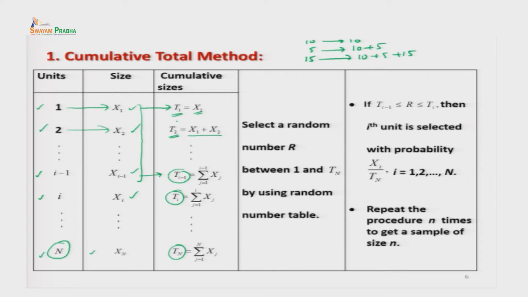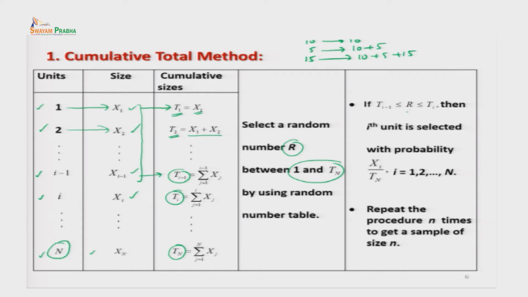Now, what you have to do here is select a random number, say r, between 1 and Tn, and this number has to be selected from the random number tables. Once you have selected the random number, you have to take a call.